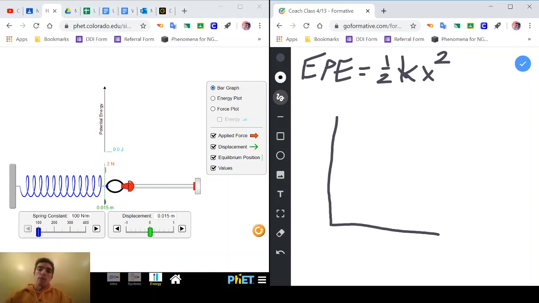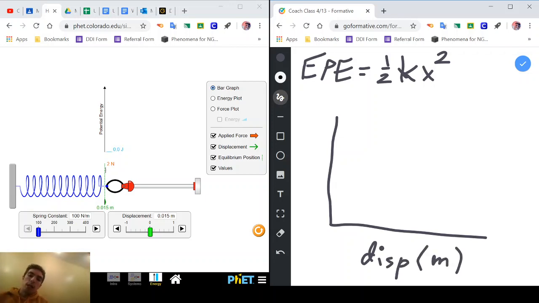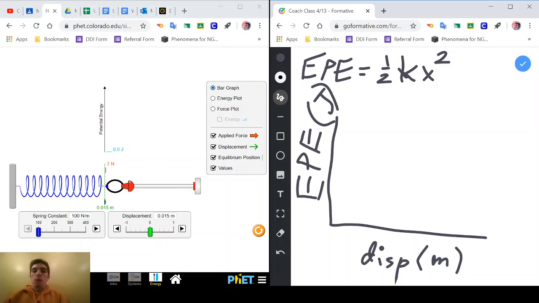I give a big blank graph like this, where we have displacement in meters on the x-axis, and then our EPE, our elastic potential energy measured in joules, on the y, and I'm asking you to put whatever your points look like, and then connect them as a line graph to show some kind of trend, hopefully, in your data.